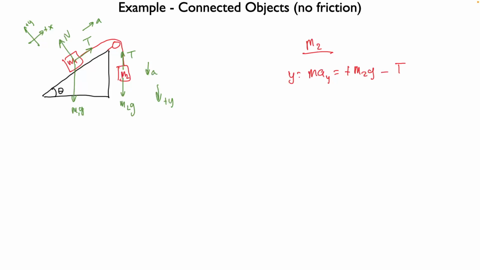But Mr. Balogh, why not just make upwards be positive? Okay, fine. If we make upwards positive, so we have M2g, and we have tension, and positive y pointing upwards, and let's say you write down Newton's second law. You go M2ay equals, now what would you write? It would be minus M2g plus T, right?